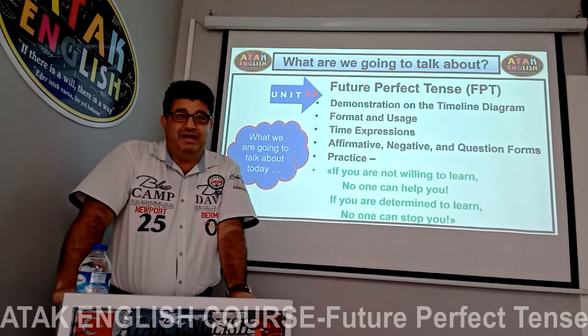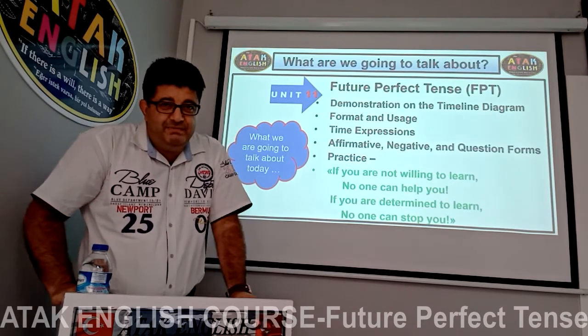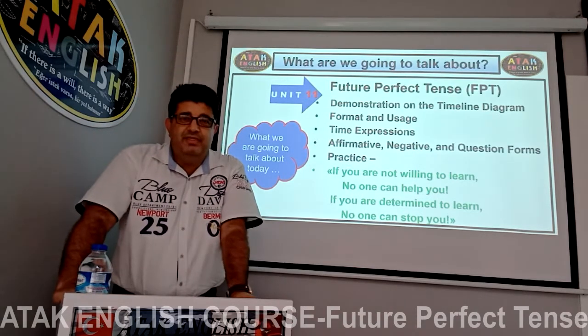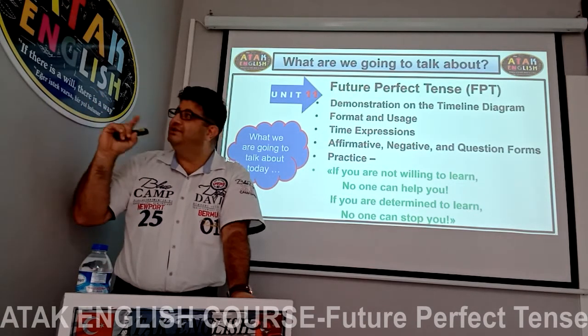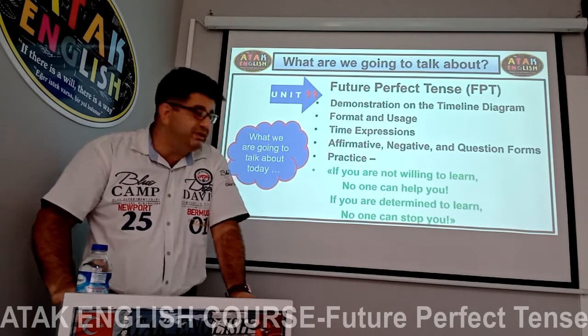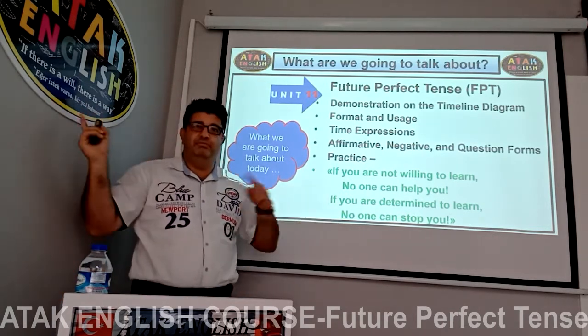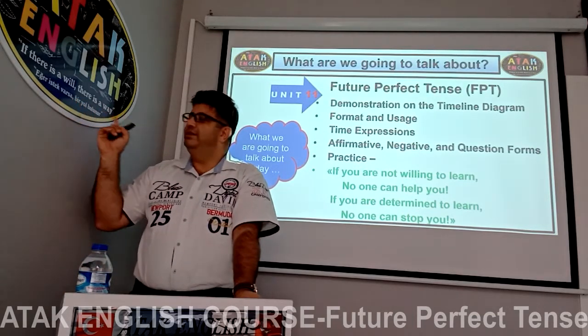So I'd like to remind you of my famous quote, the proverb that I put on our Attack English course symbol or emblem. Let me repeat that for you because these two are related to each other. If there's a will, there's a way.